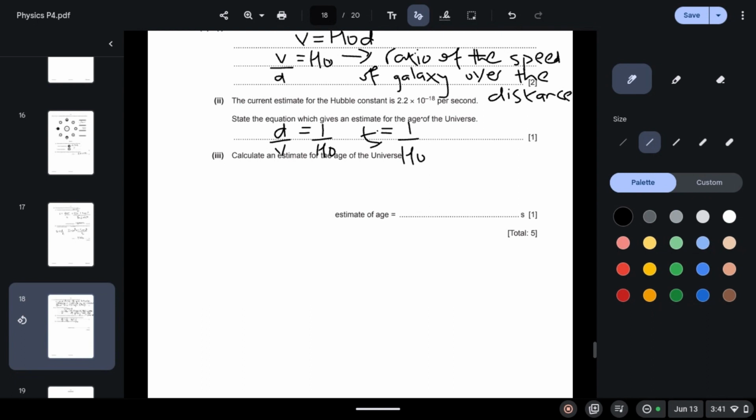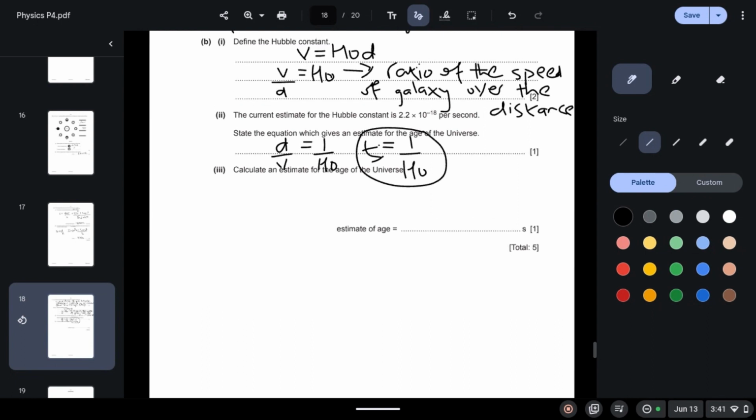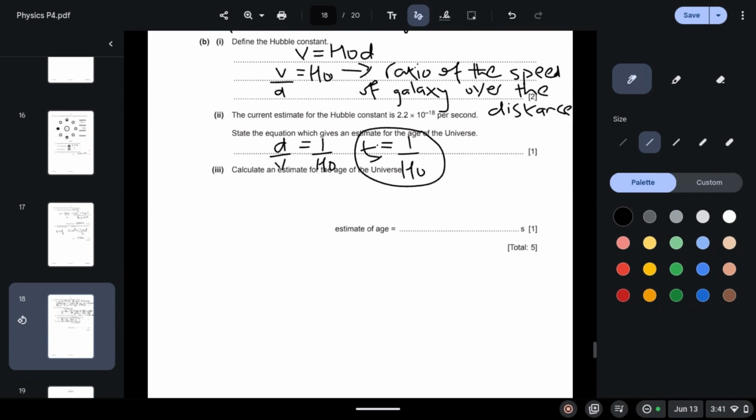So this is the equation, and the next part they basically ask us to use this equation to find the estimate. So T is equal to 1 over H naught, and H naught is this value. So just plug this in the calculator and your answer will come out to be 4.54 times 10 to the power 17.